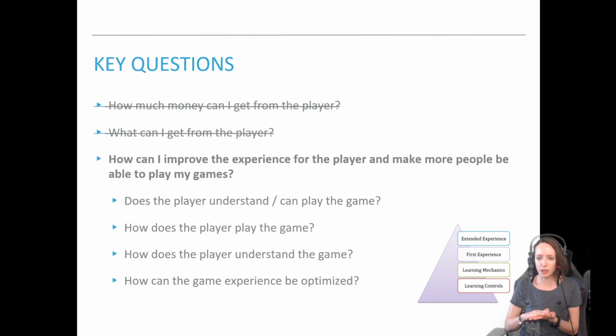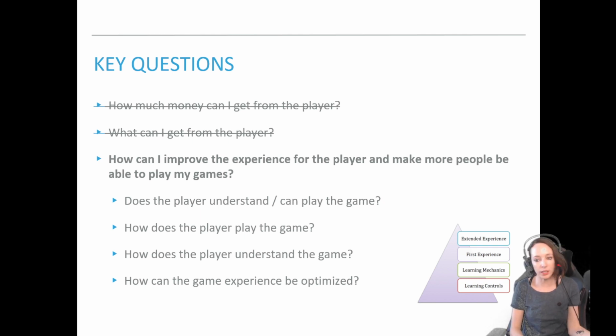But first of all, if you start a game, you need to start with: do you understand how the game is played, like the controls? So if I press the A button, will the game start, will I be able to jump? And then the mechanics. Mechanics would be, okay, I need to jump in order to jump onto the mushroom's head to get rid of this mushroom.